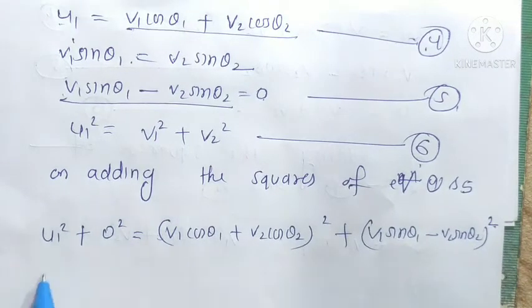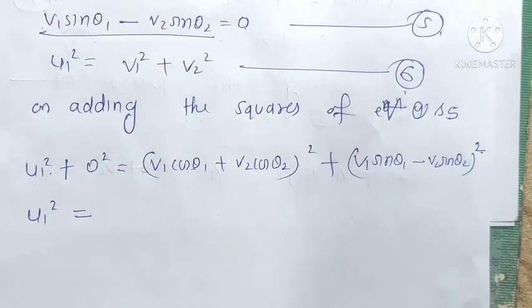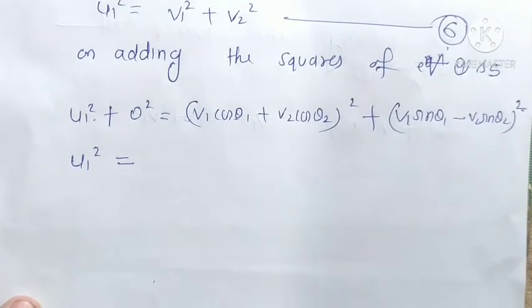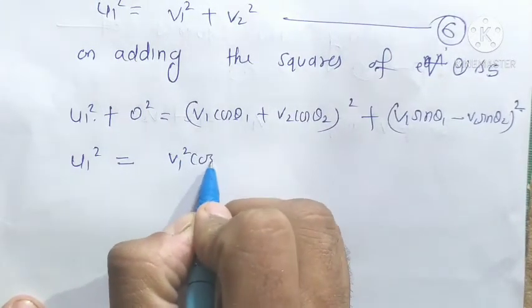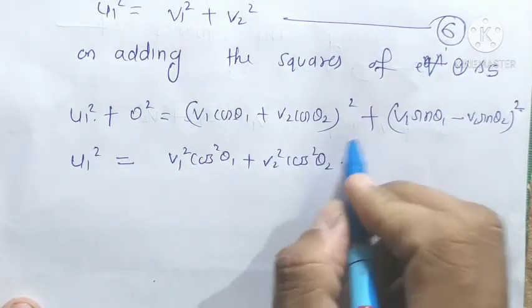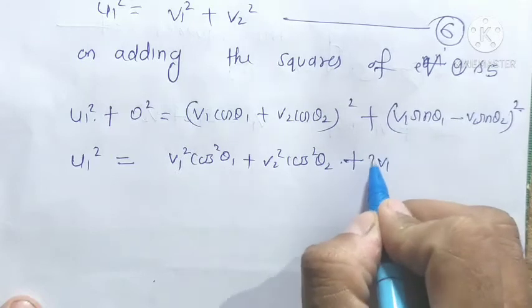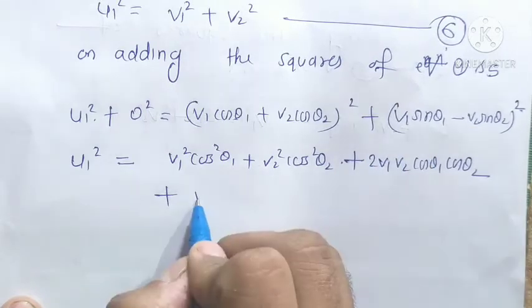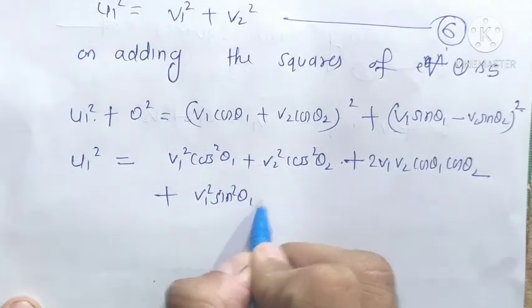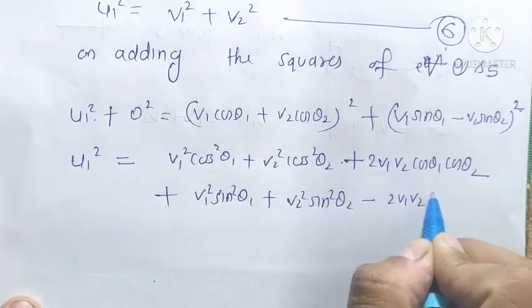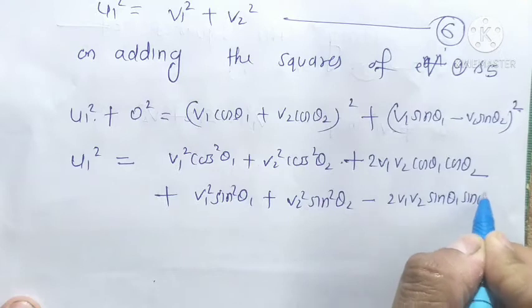So u1 square = v1 square cos square theta 1 + v2 square cos square theta 2 + 2 v1 v2 cos theta 1 cos theta 2 + v1 square sin square theta 1 + v2 square sin square theta 2 - 2 v1 v2 sin theta 1 sin theta 2.